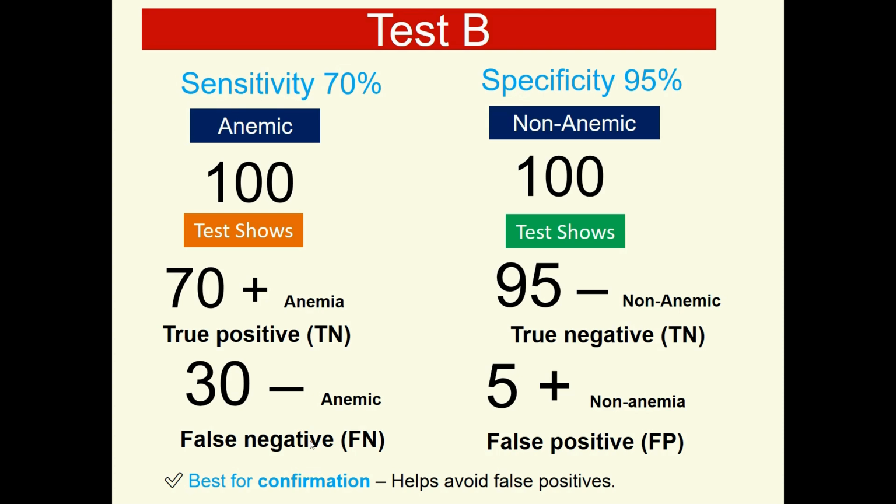So when you have a high specificity, it is used for confirmation of the diagnosis. Higher specificity is good for confirmation, whereas higher sensitivity is good for initial screening of the test.